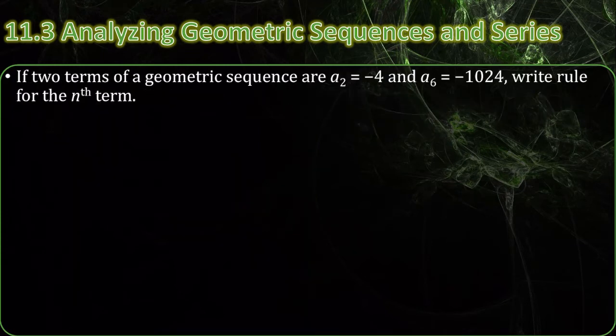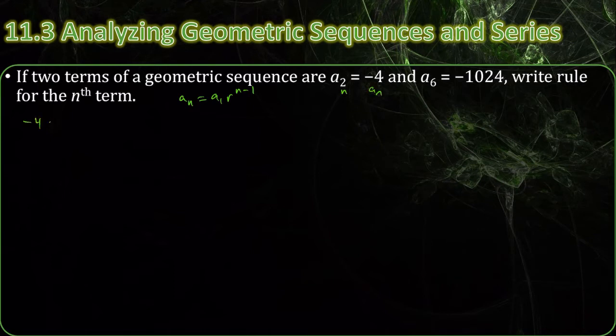If two terms of a geometric sequence are a_2 equals negative 4 and a_6 equals negative 1024, write the rule for the nth term. Well, I don't know a_1 and I don't know r. Okay, so a_n equals a_1 r to the n minus 1. So I can plug in this first one for n and a_n.